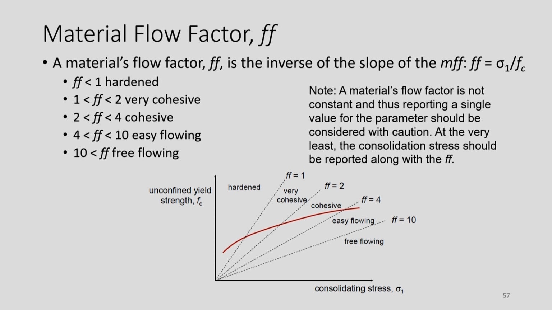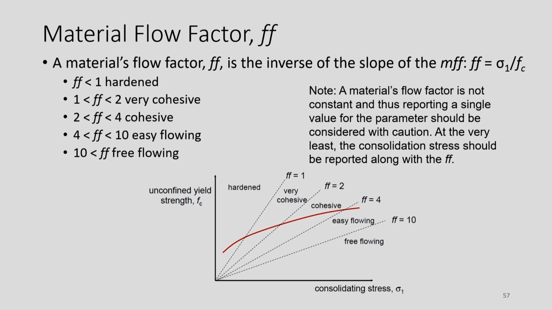But if you take any powder, it might not fit in one category. The powder's behavior changes based on the consolidating stress and the unconfined yield strength. For example, take powdered sugar. It might not flow very well at smaller consolidation stresses.